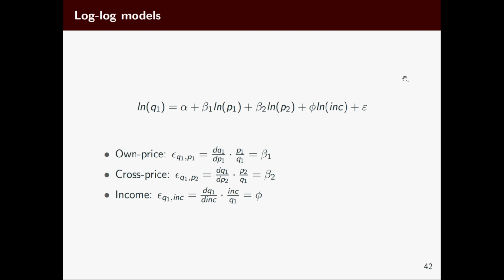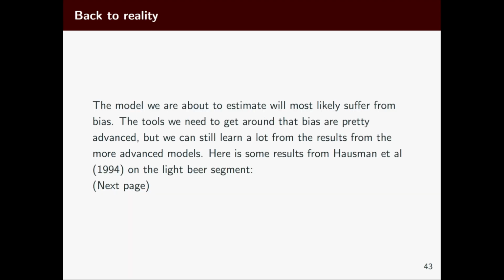So it's not a good way to do it, even though we are doing it here. We're just assuming that it's okay, even though in reality it's not. So even though we're not currently able to use the tools to get around this type of bias, we should still be able to look at the results from these more advanced models and still use them in our demand analysis.